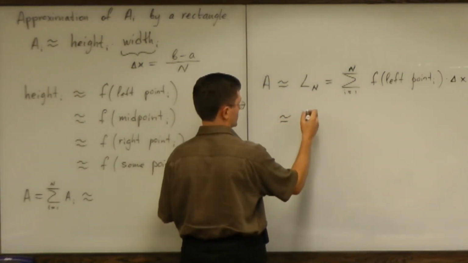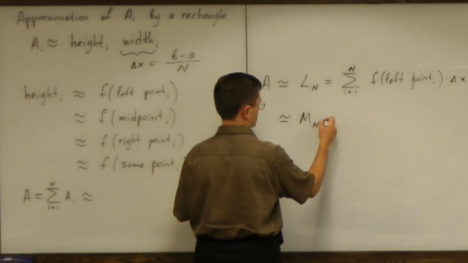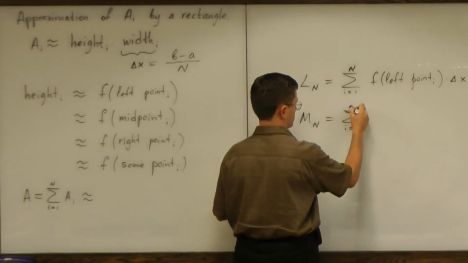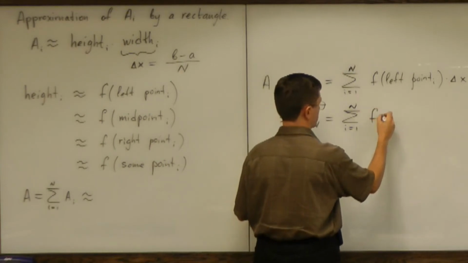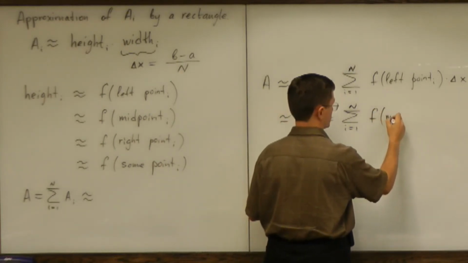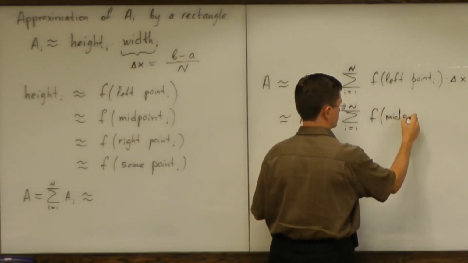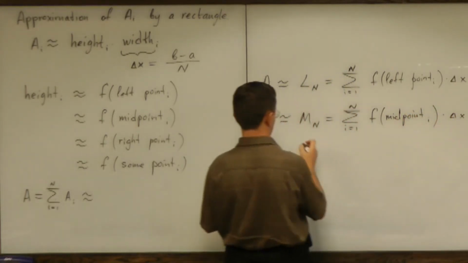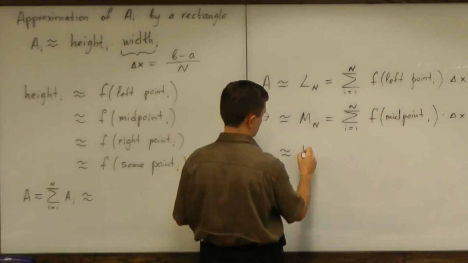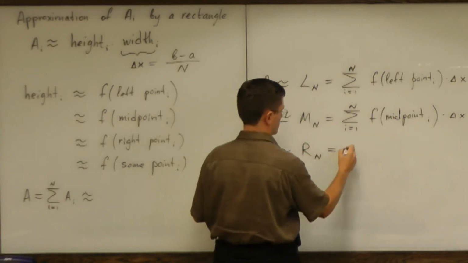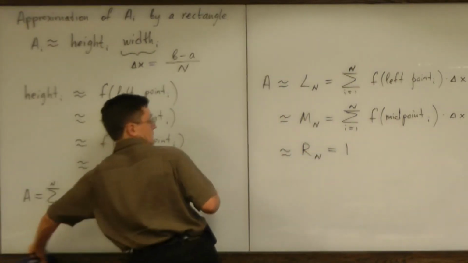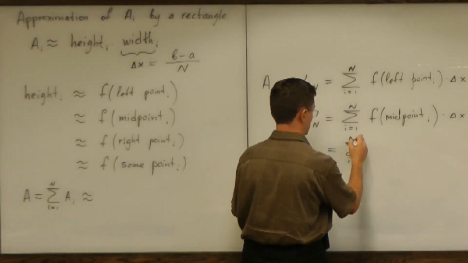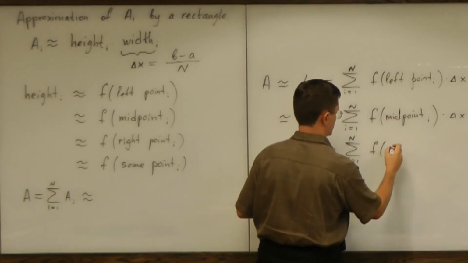It is also approximately equal to M_n, which is just a notation for the summation of the values of the function at the midpoint times delta x, or R_n, the similar thing when you add up values at the right points.